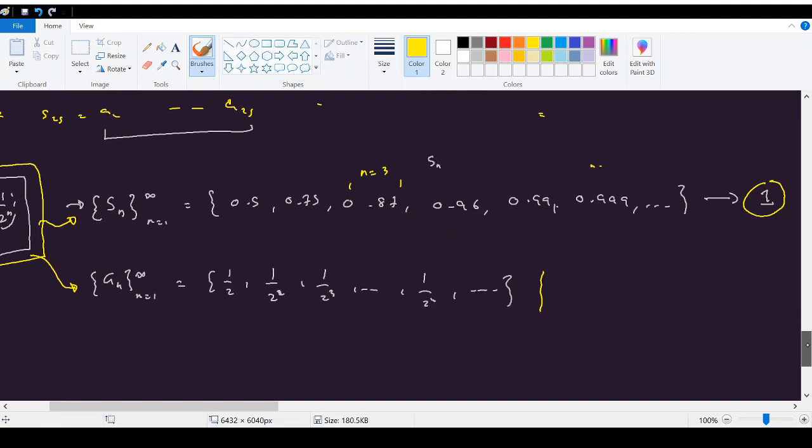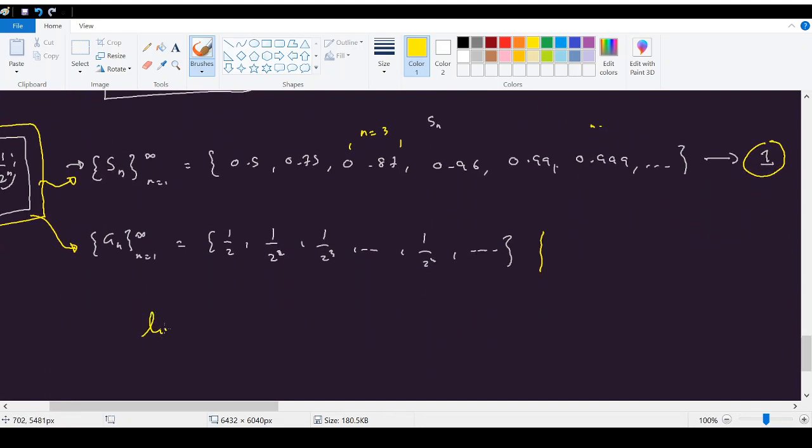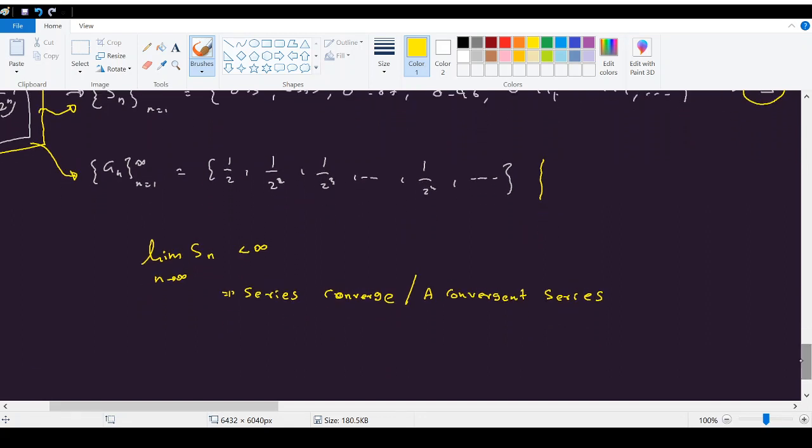If that is the case, if the limit of the partial sum is a finite value, then we say that the series converges, or is a convergent series, and we represent the summation as the limit of this partial sum.